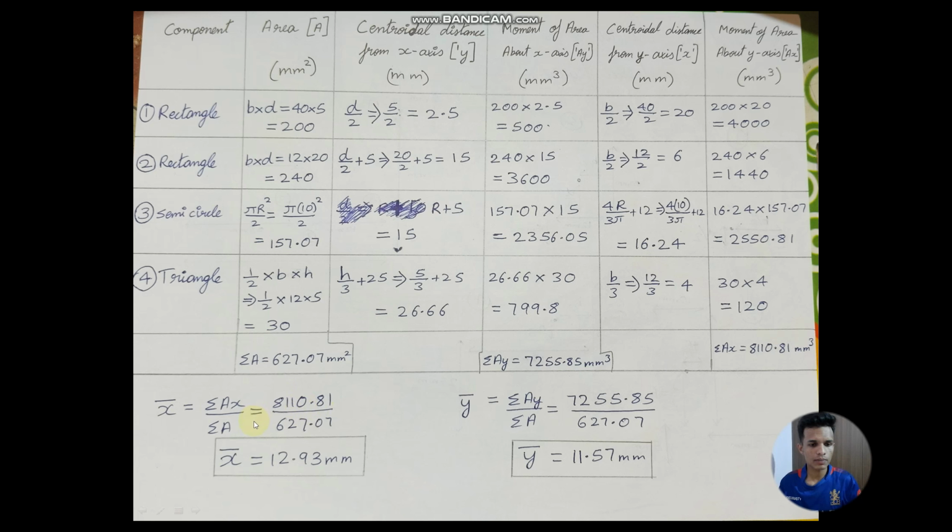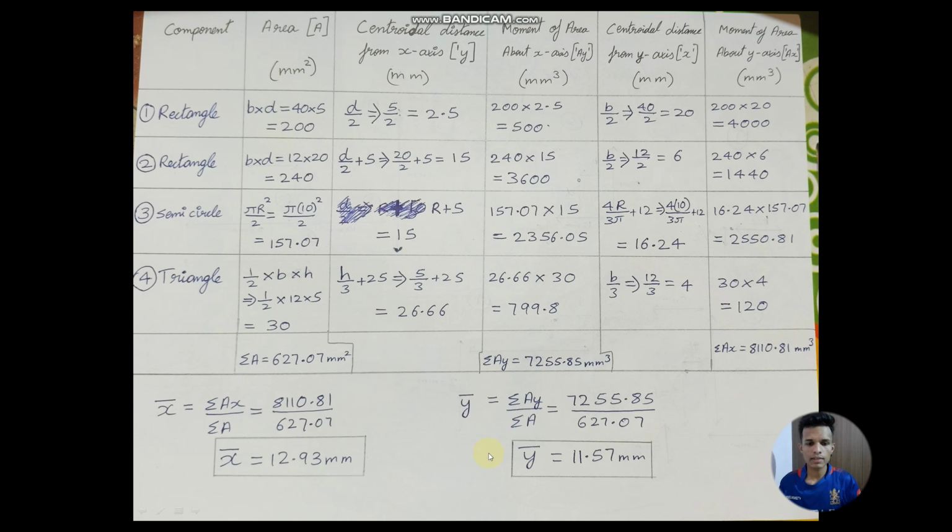Upon calculation, we get x bar as 12.93 mm and y bar is sum of ay by sum of a, which is 7255.85 divided by 627.07. Upon calculation, we get the answer as 11.57 mm.